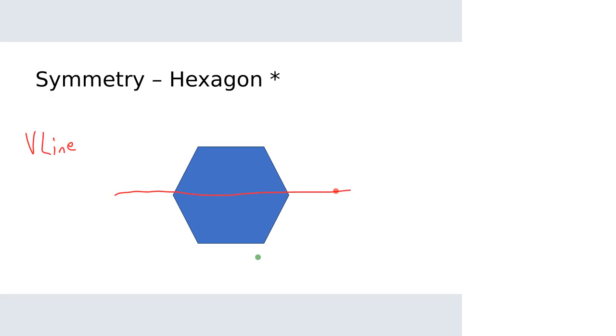So performing a horizontal line reflection would give us the exact same shape that we started with, and that's how we get symmetry. And then rotation, well, if I put my center of rotation here and I go that far, it's going to land directly on itself. So sure enough, I do have rotation symmetry.